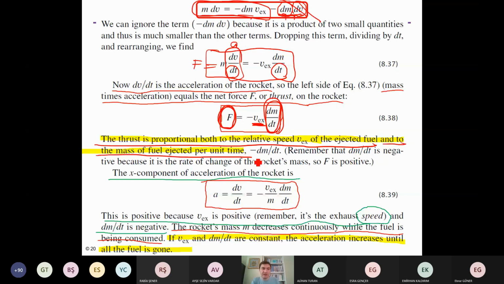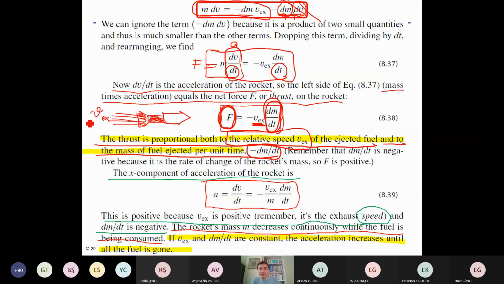So here we have a rocket and we have a motor, and this motor burns this fuel here and then ejects it with some certain velocity. This is the vx, okay? So if you have higher vx, then you have higher thrust, okay?